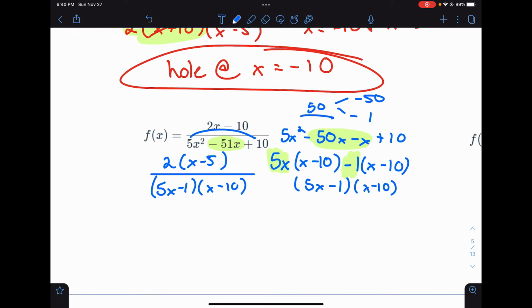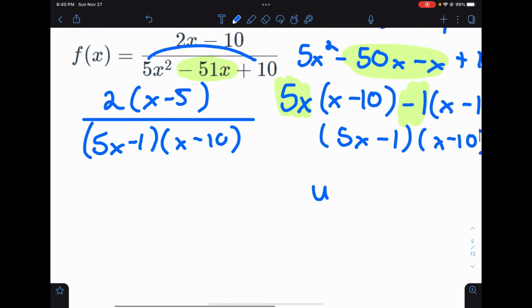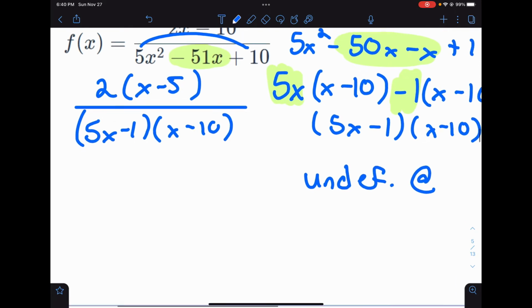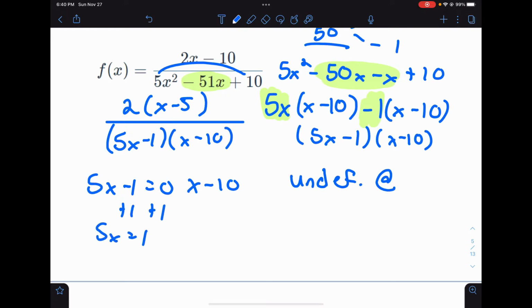So now, if we're looking here, we know that this function is going to be undefined at, and then remember, to find the undefined values, you have to take the denominator and set it equal to 0, all right? So when we do that, we get 1/5, and we get 10.